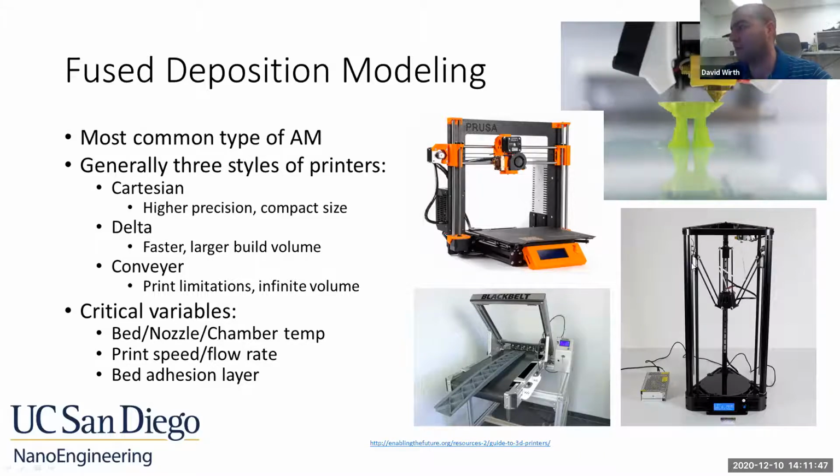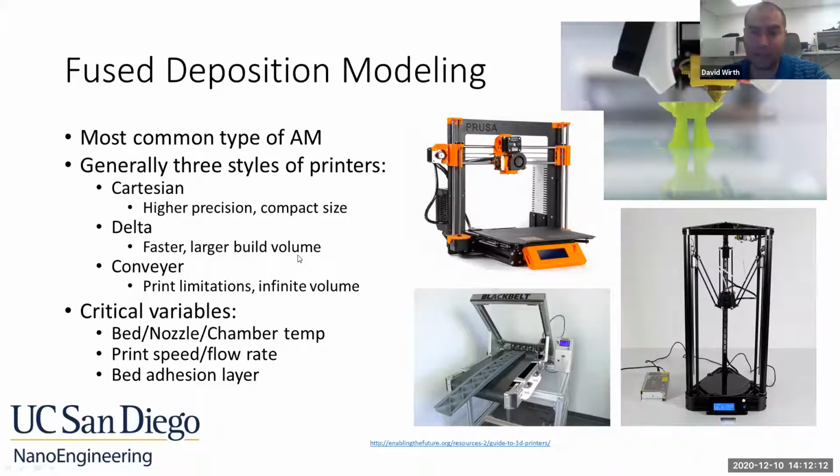Versus on the Delta, all the axes are the same, so you can print pretty fast. And you can theoretically have a large build volume with any of these, but these Deltas generally use belts rather than lead screws. So you can theoretically have a larger build volume too, because you just extend these poles up a little bit. You don't have to extend the lead screws.